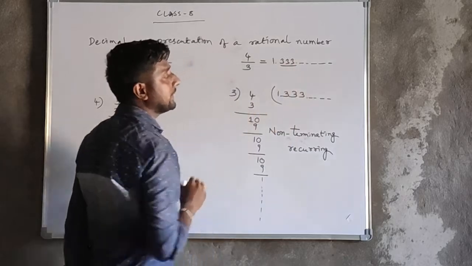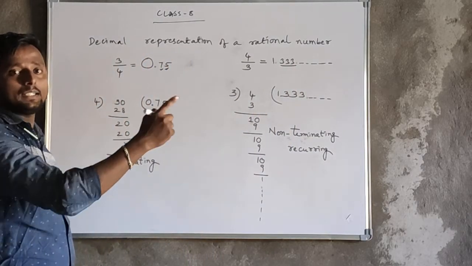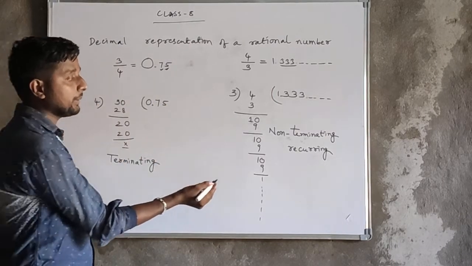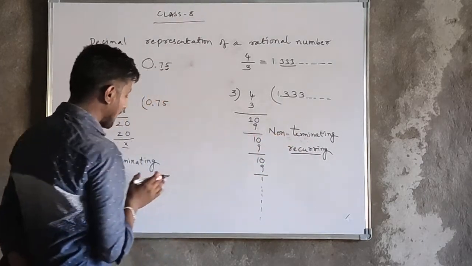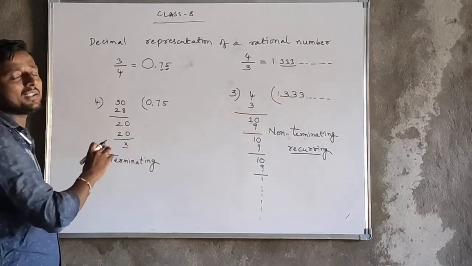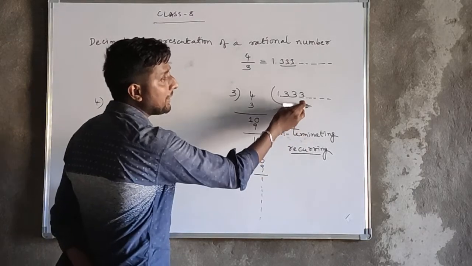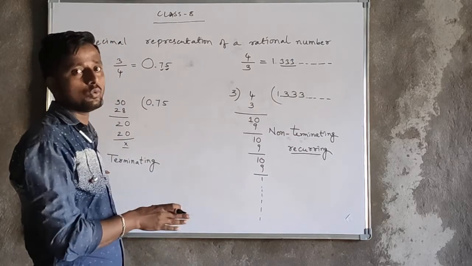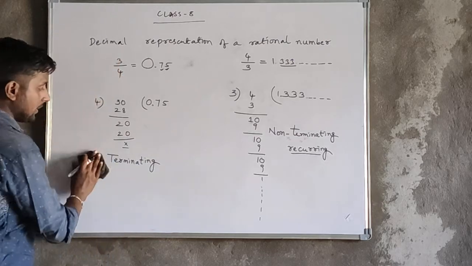The digit is repeating, 3 3 3 3 3 3. The opposite of terminating is non-terminating, which means the division process goes on and doesn't complete at a certain place.